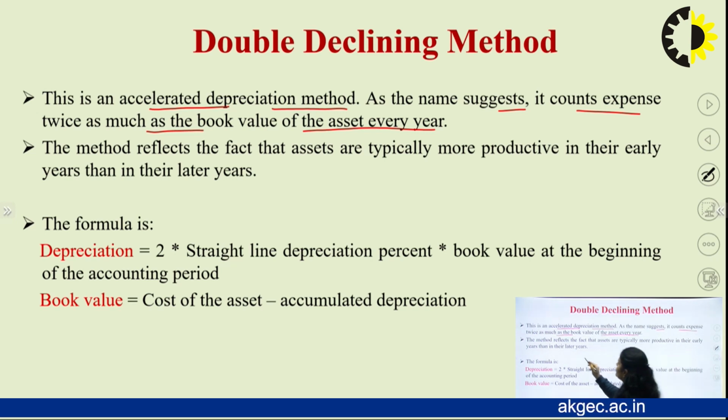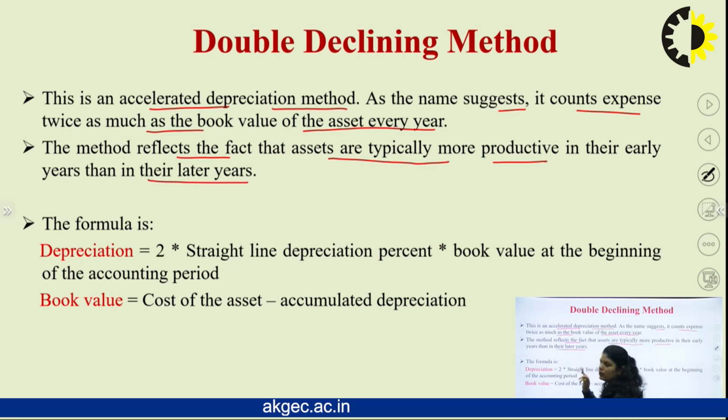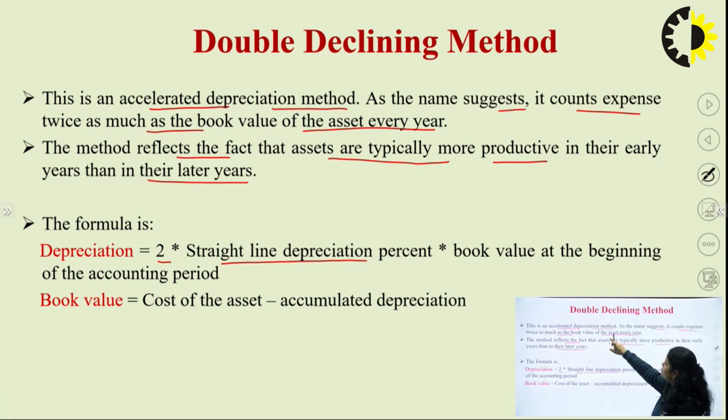Okay, and this method also reflects the fact that assets are typically more productive in their early years than in their later years. So, the formula for calculating the depreciation will become 2 into straight line depreciation, because it is the accelerated depreciation method.